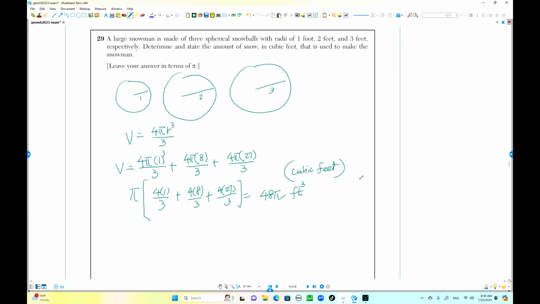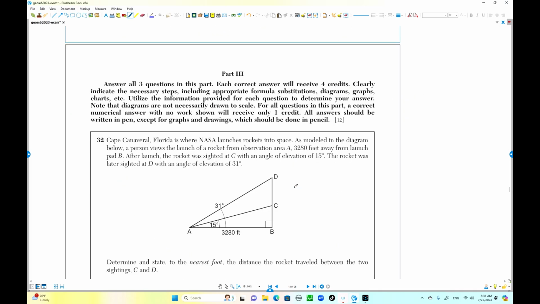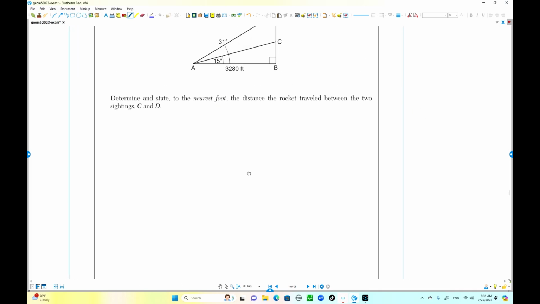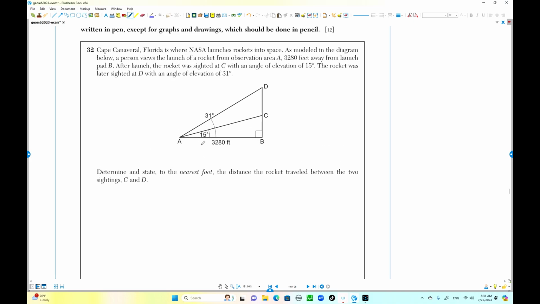Part 3 today. This is part 3, the first one. You can read over here. The rocket over here. So we have an observer at point A, and those are elevation angles.